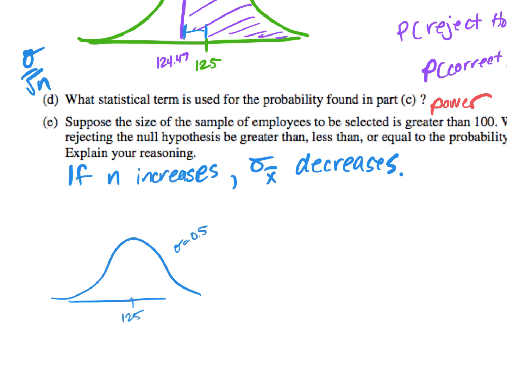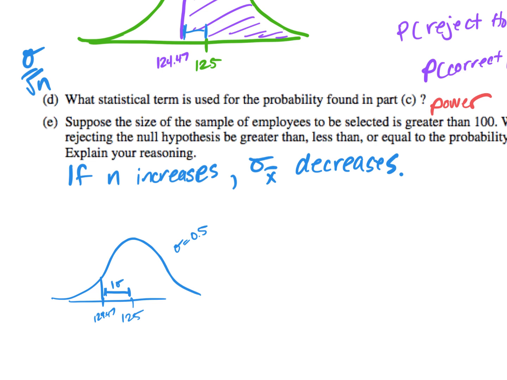That could happen if I increase my sample size enough. Now that 124.47 is 1 standard deviation below the mean instead of 1/3 of a standard deviation below the mean. The overall distance is the same, but the relative distance, it's much further away.